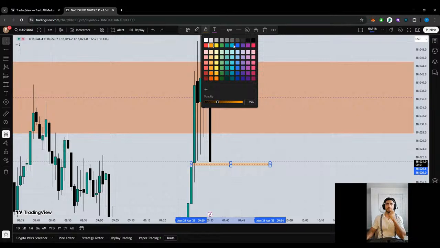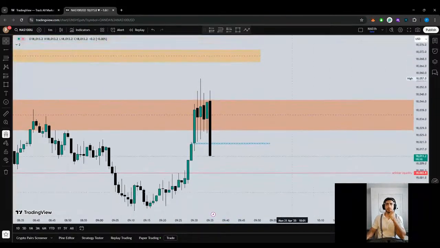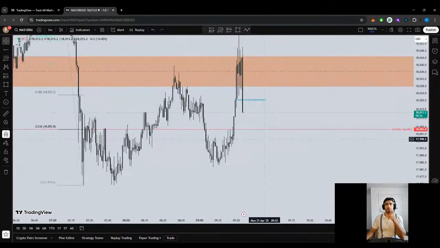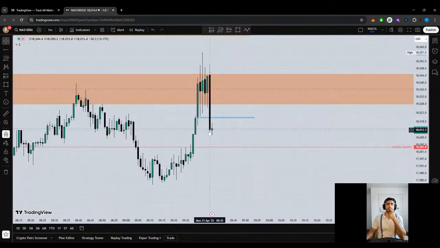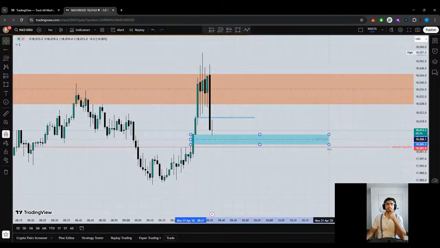Nice little volume imbalance over here. Break below it. Fair value gap.